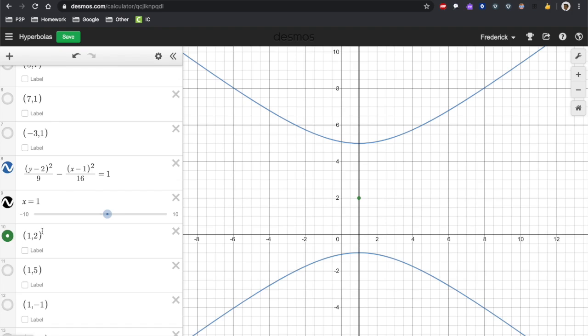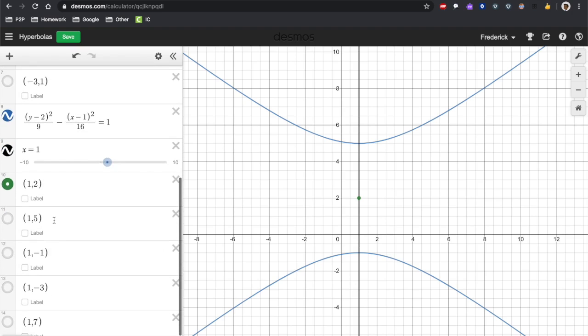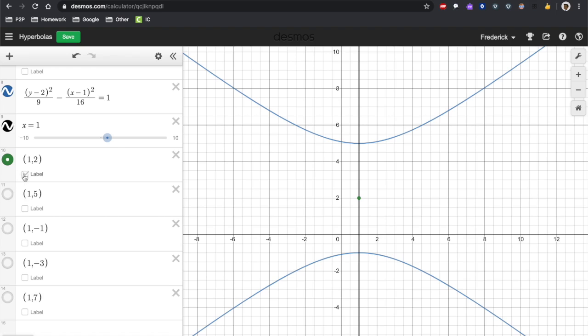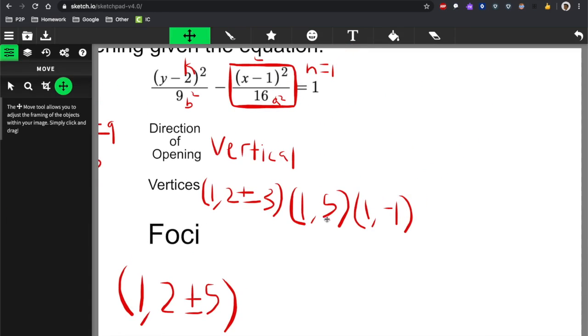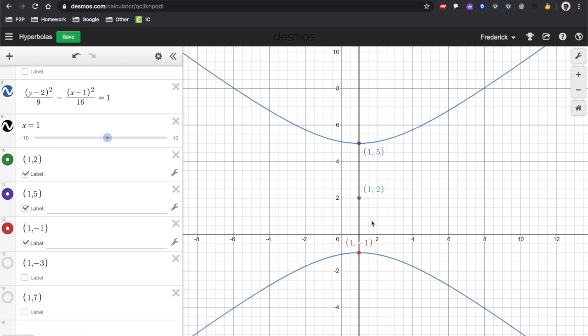And we find that our center is at 1 comma 2. Now let's take a look at our different vertices. We see 1 comma 5, that's our vertex. 1 comma minus 1, that's another vertex. If we go back to our work, we see that is exactly what we got here. 1 comma 5 and 1 comma minus 1.